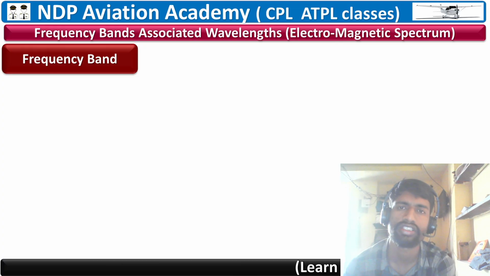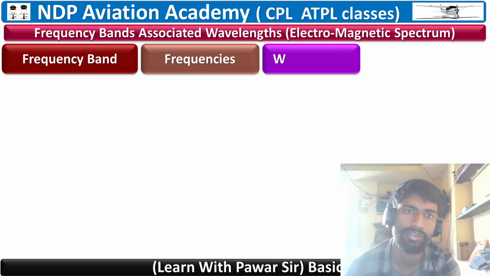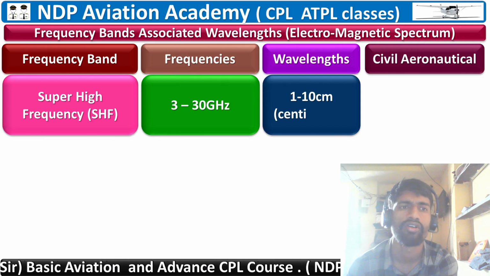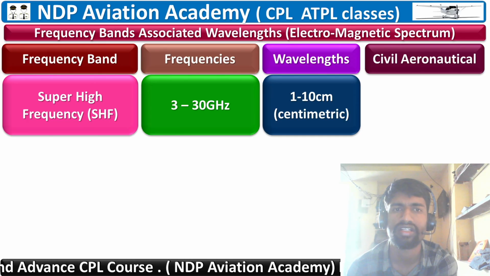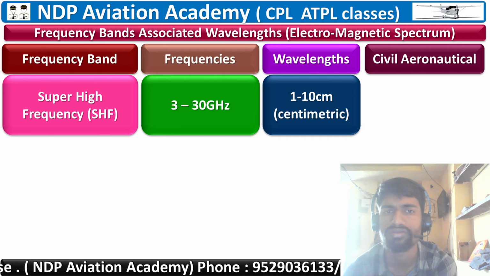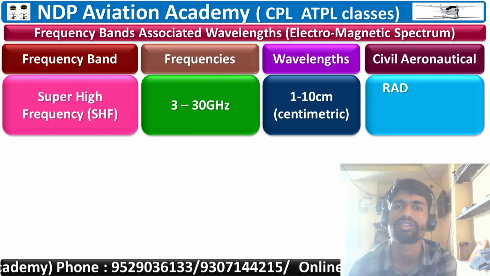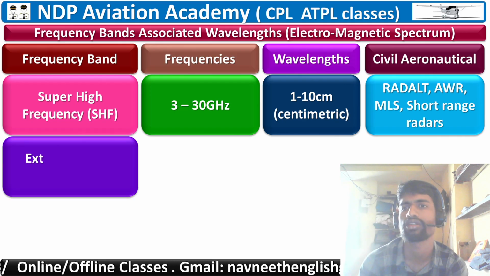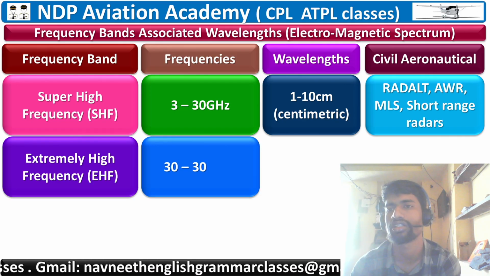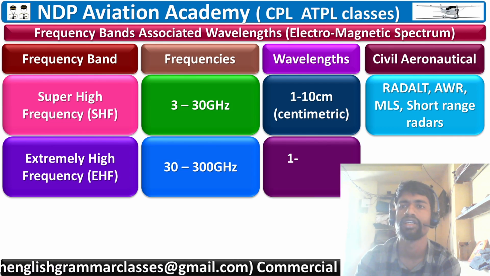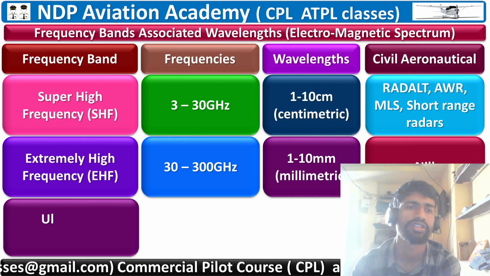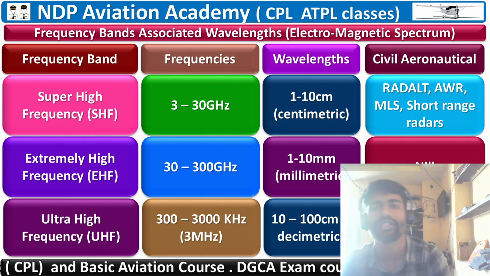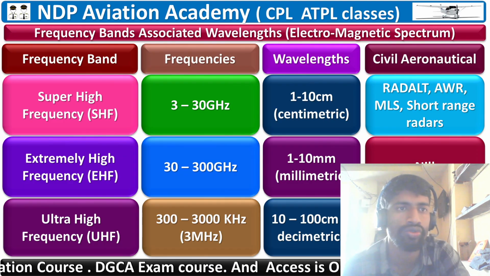Frequency band and wavelength in the electromagnetic spectrum for civil aviation. Super high frequency, SHF, starts from 3 gigahertz and ends at 30 gigahertz. The wavelength is 1 to 10 centimetric.